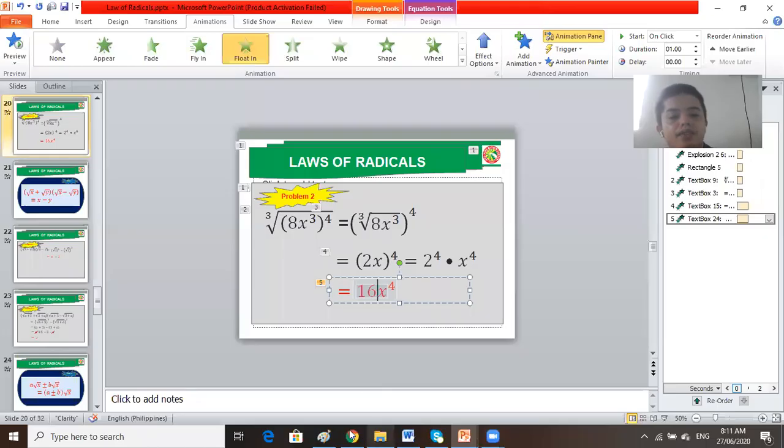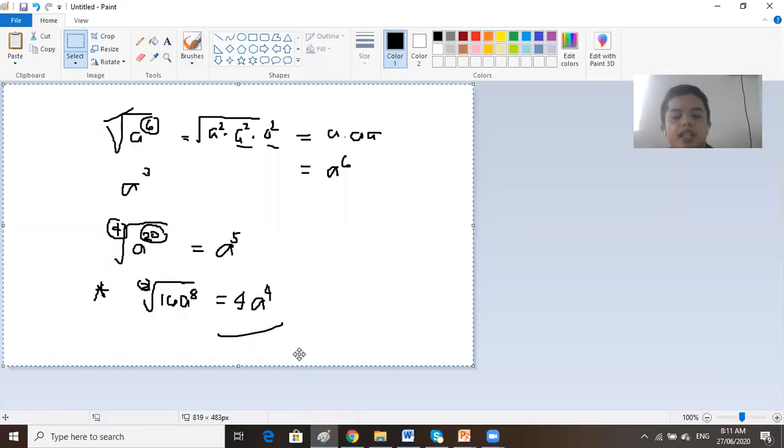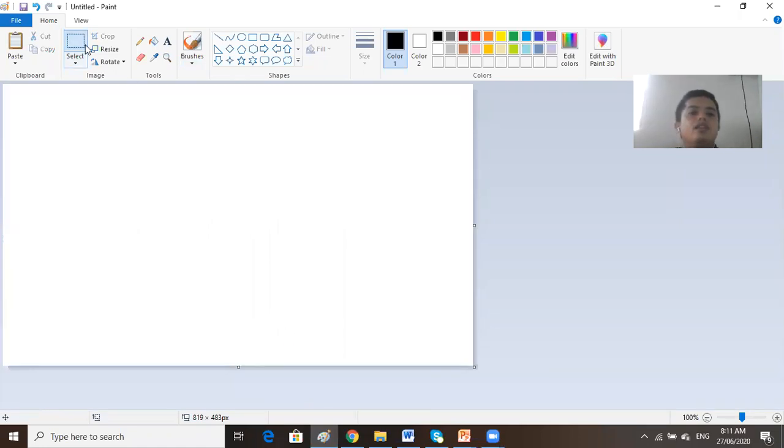What if you have an example that cannot be simplified like that? For example, the square root of a raised to 7. This cannot be, because 7 is not divisible by 2.